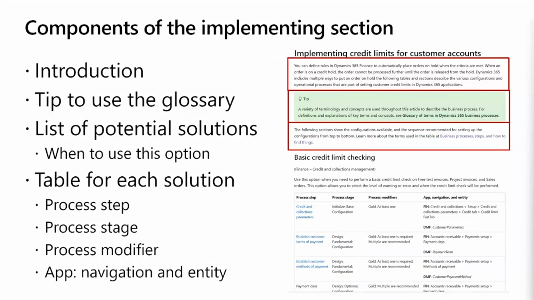The table is in your template, and it includes several pages. And the next couple of slides that I'm going to go through are going to describe what those all mean. But we do have a docs article that you can read as well that walks you through the process of what all of the different process stages, process modifiers, and the app navigation and entity abbreviations are.